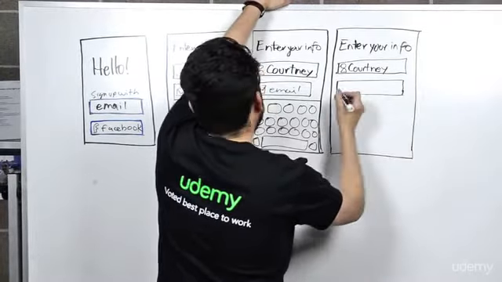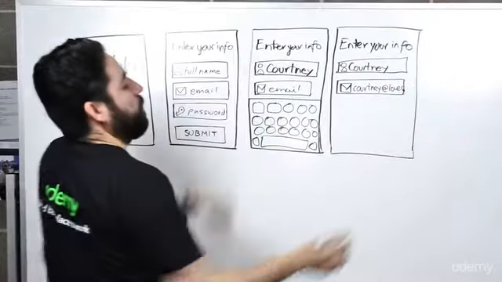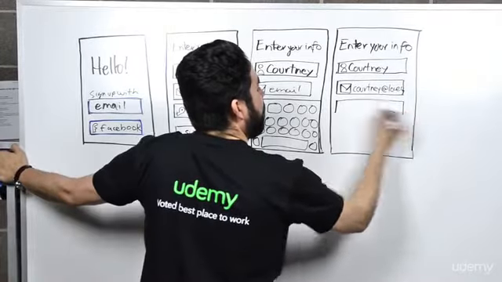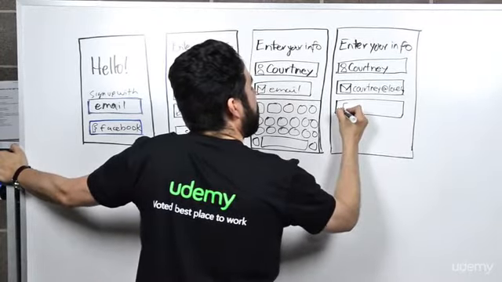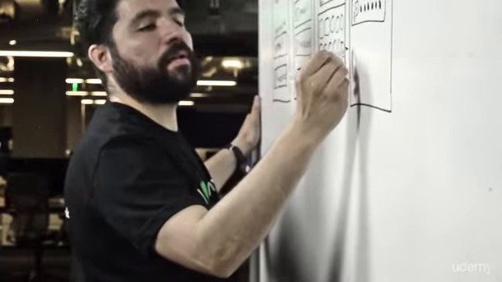So we're gonna put Courtney at love.com. And then I'm gonna do password. Let me try to see if I can replicate that beautiful icon that I did over here. Oh, look at that. So on this one, we can just put this because it's private. And let's put submit.